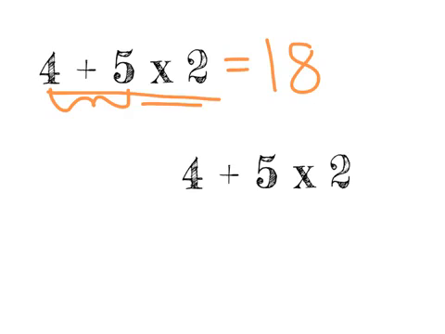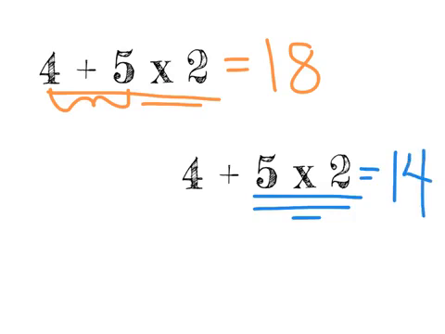Now, let's say Sad Sally did the exact same number sentence, but instead she multiplied 5 times 2 first and got 10, and added 4. She would get an answer of 14. The computation was correct, but they did it in a different order, and then they got different answers. Hence the need for this little math rule that we have called the order of operations.